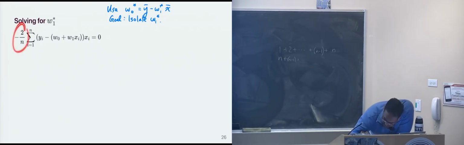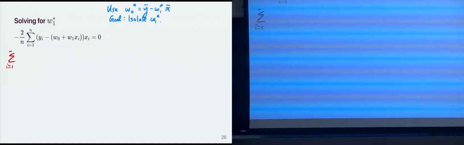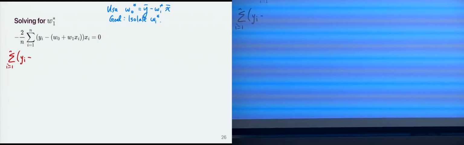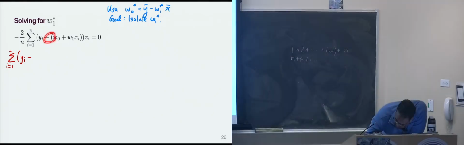Again, the negative 2 over n, we can multiply both sides by negative n over 2, get rid of it. So we're left with the sum of yi minus, while I do this, I'm going to distribute the minus sign here.